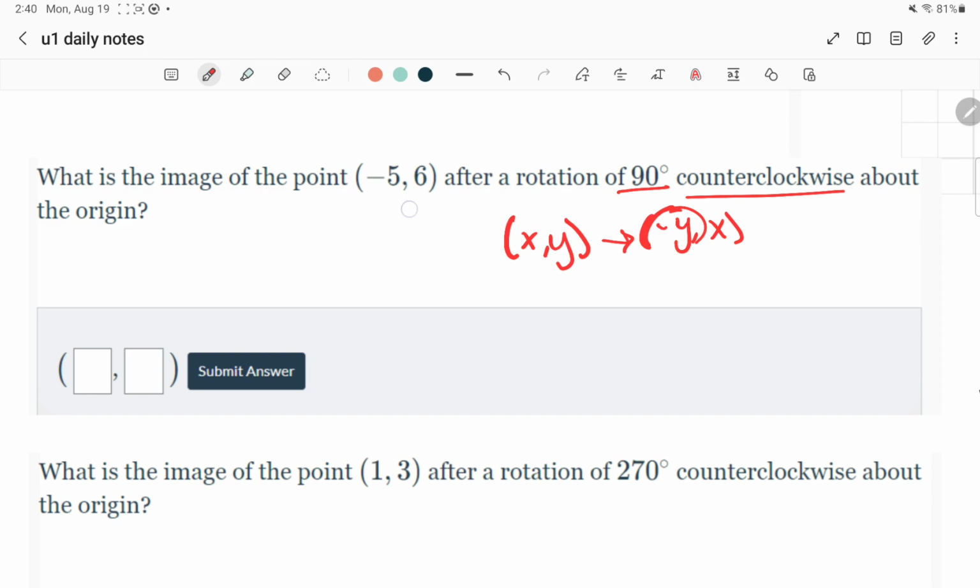So my y value is going to become negative 6. And it's also going to be put in front. And my x value is not going to change sign, but it's going to be put in the back. So -5 stayed -5, but it went to the y spot. 6 became -6 and then went to the x spot. And I hit submit.